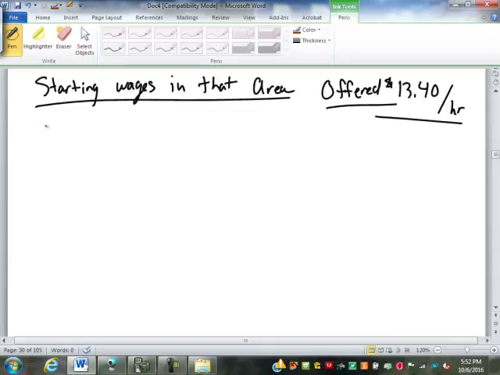We look at other starting wages in the area and we find that the mean is $12.20 and the standard deviation of all those wages is $1.20.